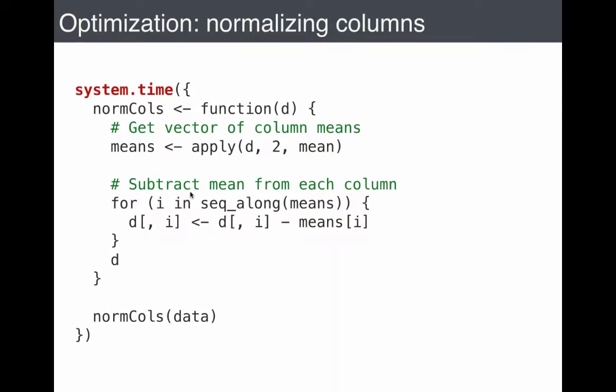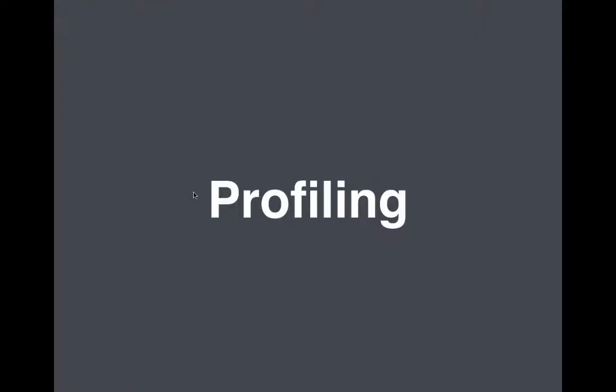And to get an accurate idea of the parts that are expensive, that can take a lot of experience. And sometimes even what you think is slow is not actually slow. So in order to help figure out what parts are slow so you can speed them up, you can use profiling tools.